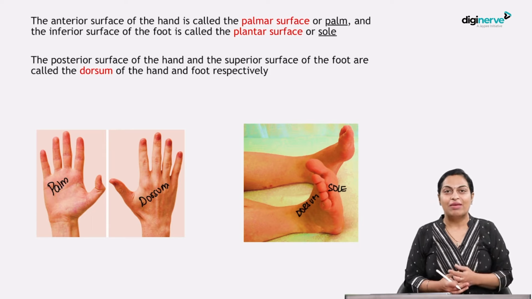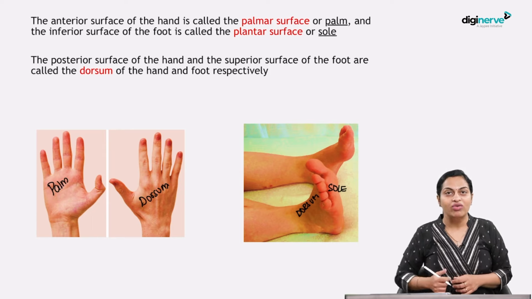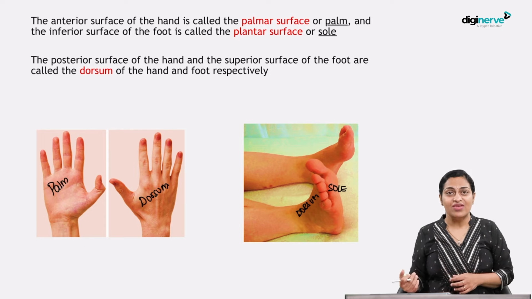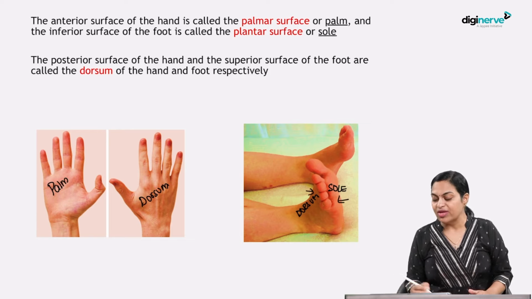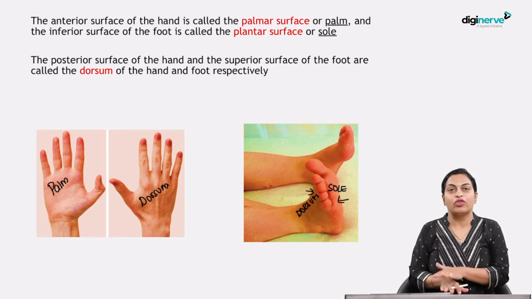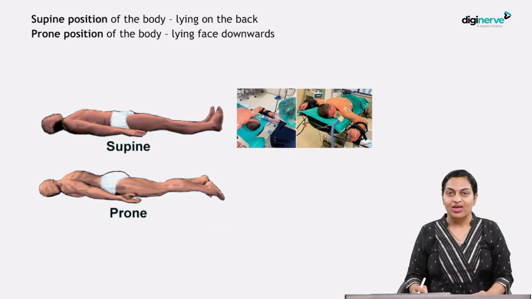You'll be learning in embryology that the upper limb bud will undergo a rotation. So the dorsal surface becomes more anterior and the ventral surface goes behind. So this is the sole and this is the dorsum. The superior surface of the foot is the dorsum. The inferior surface is the sole.